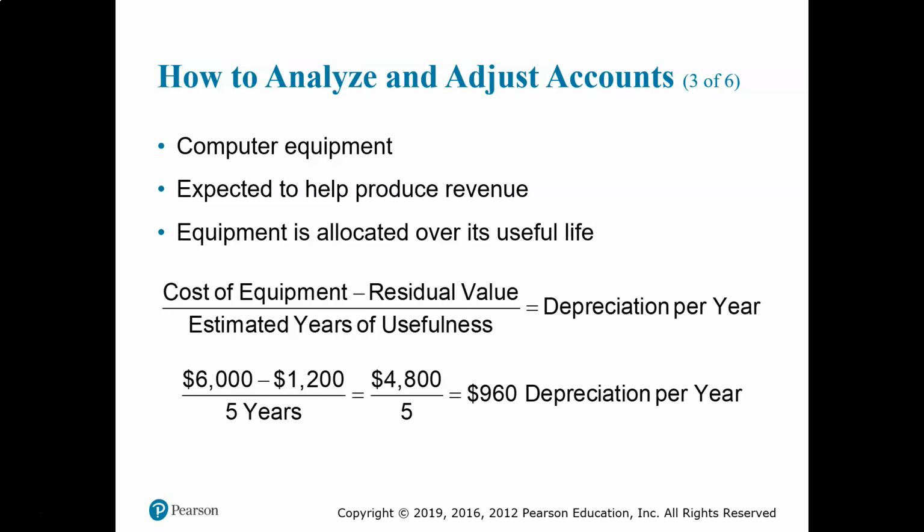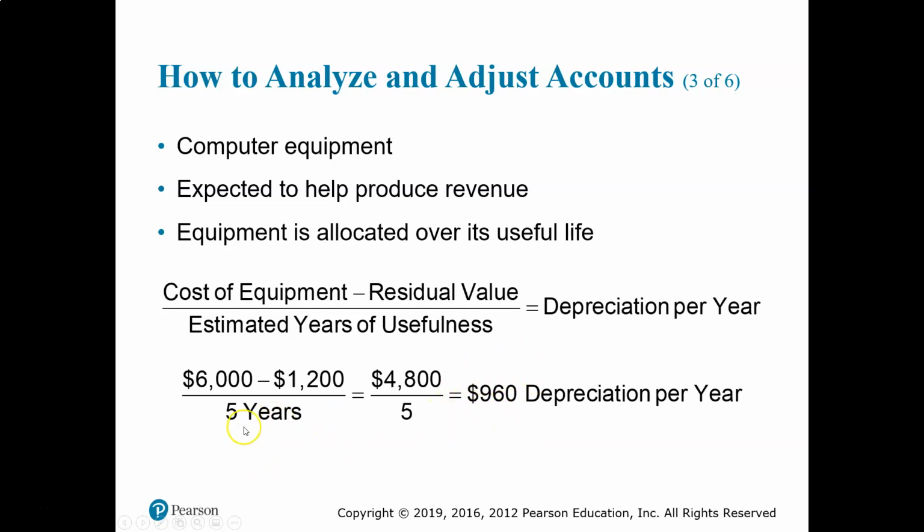So in order to calculate depreciation, look at the cost of the equipment minus the residual value divided by the estimated years of usefulness is your depreciation per year. So this, I think in all cases, it just gives you the depreciation.